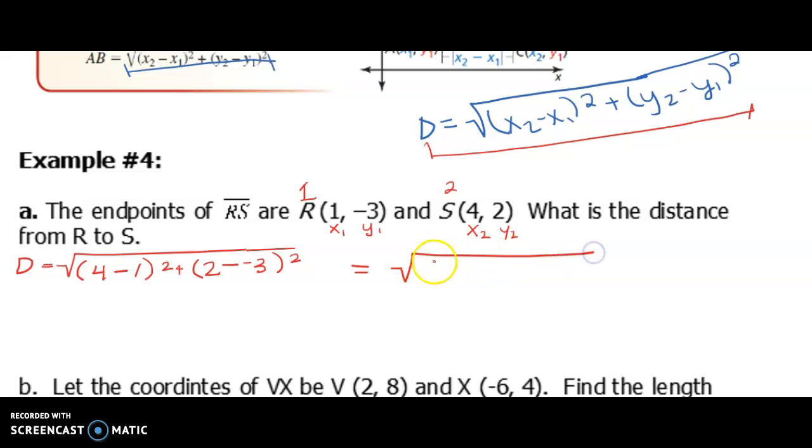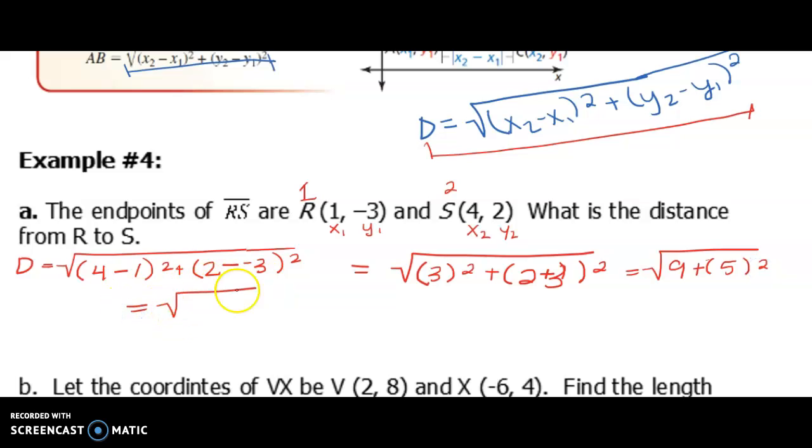So this is the square root of 4 minus 1 is 3, so 3 squared, plus 2 minus a negative. I know it's been a little while since your brains had to work in math, but minus a negative is always a plus, 3 squared. So 3 squared is 9, plus 2 plus 3 is 5, squared.